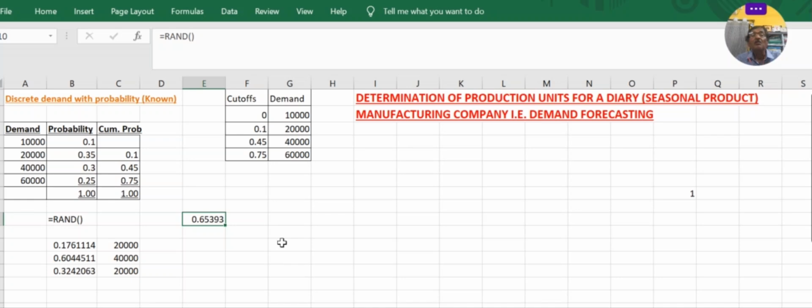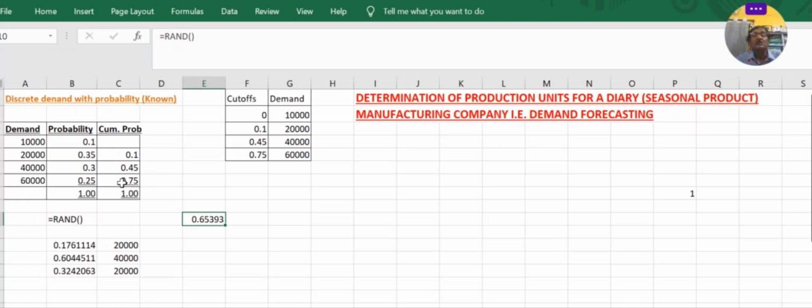For this purpose, first cumulate the probabilities for the demand units. How will you cumulate it? See, 0.1 first, then add 0.35, after addition 0.45, then 0.3, sorry, 0.75, and finally 0.25, that means 1.